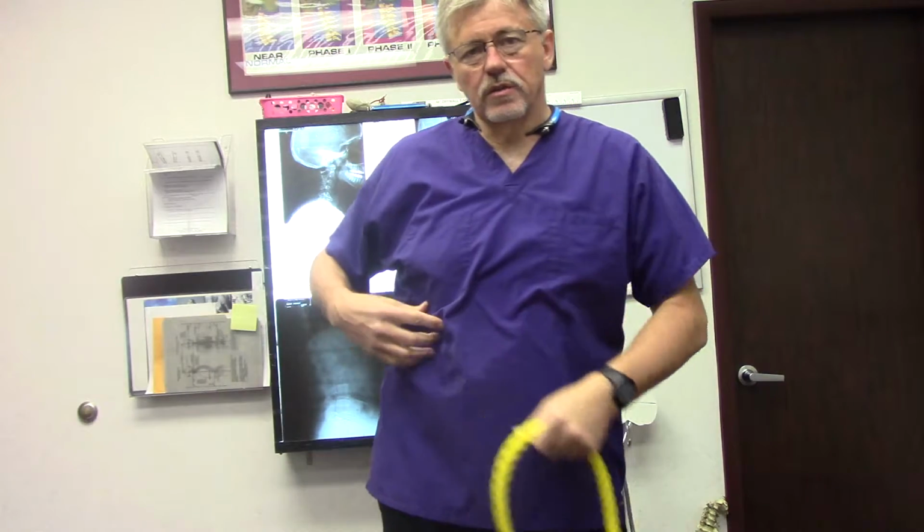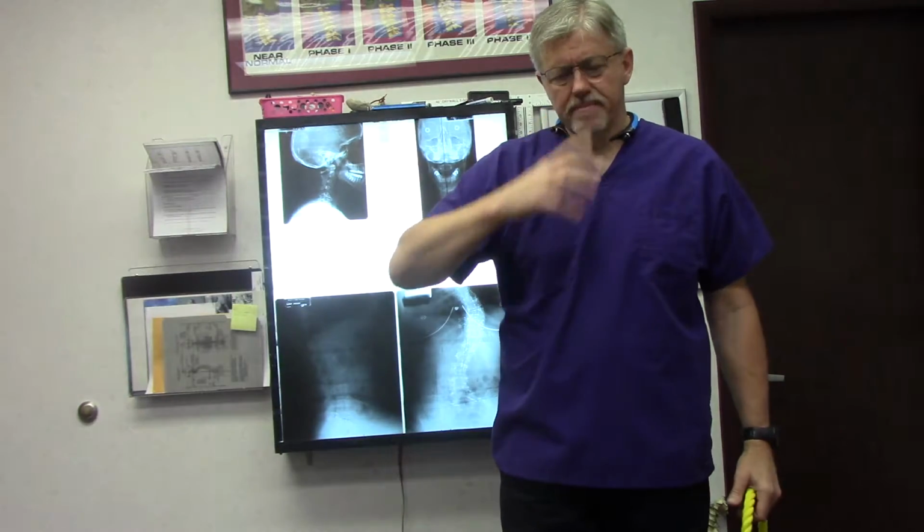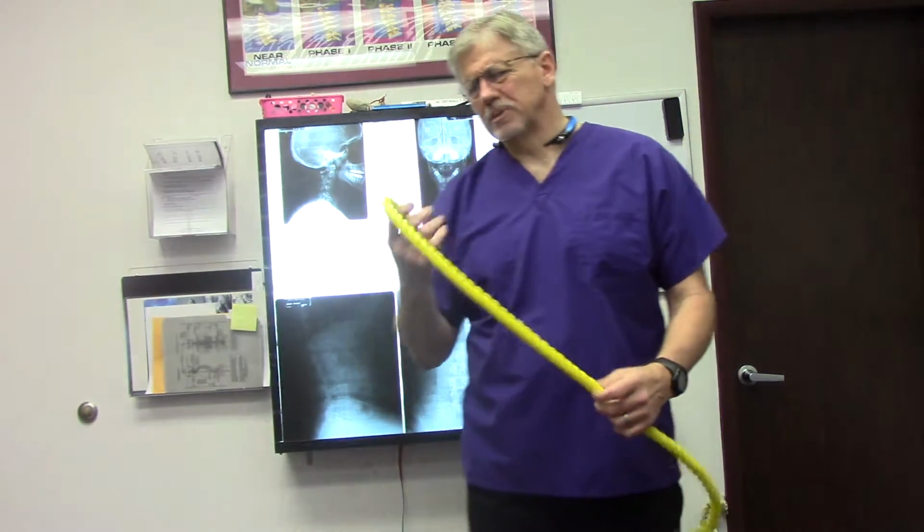On the inside of the curve we get a radical deforming of what we call the IMM and the IML, the lateral horn, which is the autonomic nervous system in that area. And so we're getting a significant impact to that system. What are some of the other issues that we deal with in scoliosis?